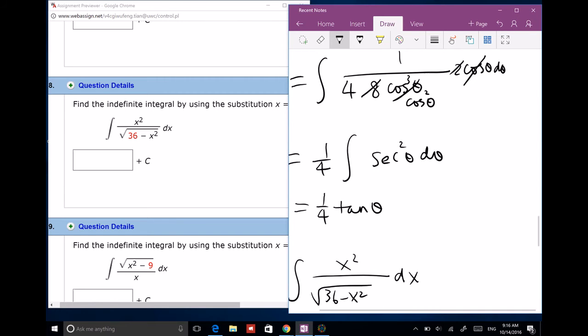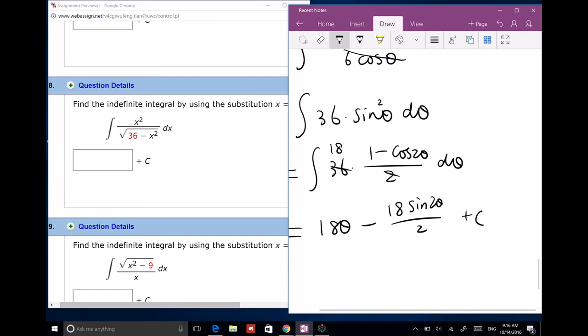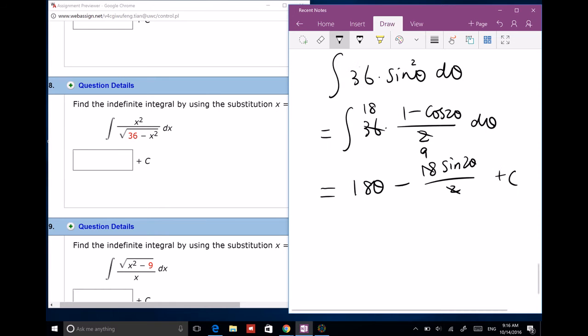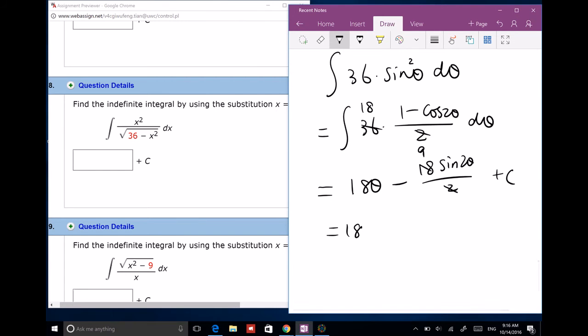I have to put this back into x again. But you do that one yourself, okay? And this one, I'm not done yet. Even I got this is 9. So I got 18 theta minus 9 sine 2 theta. Wait, it's minus. I have changed it into 18 sine theta cosine theta plus c.